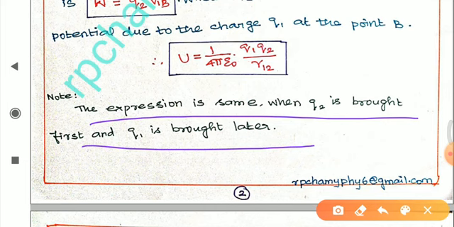Already we have discussed earlier that the electrostatic potential energy has the same magnitude if Q1 is fixed and Q2 is moved, or Q2 is fixed and Q1 is moved. It only depends upon the distance between the two point charges. Again, I have given this point.